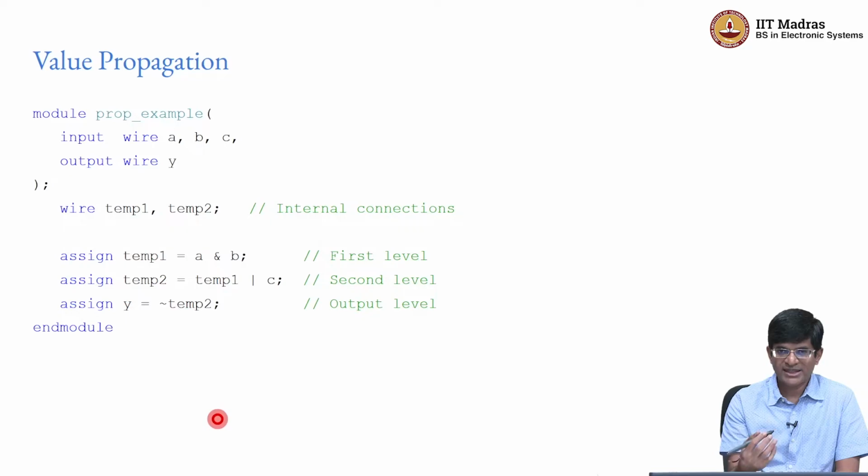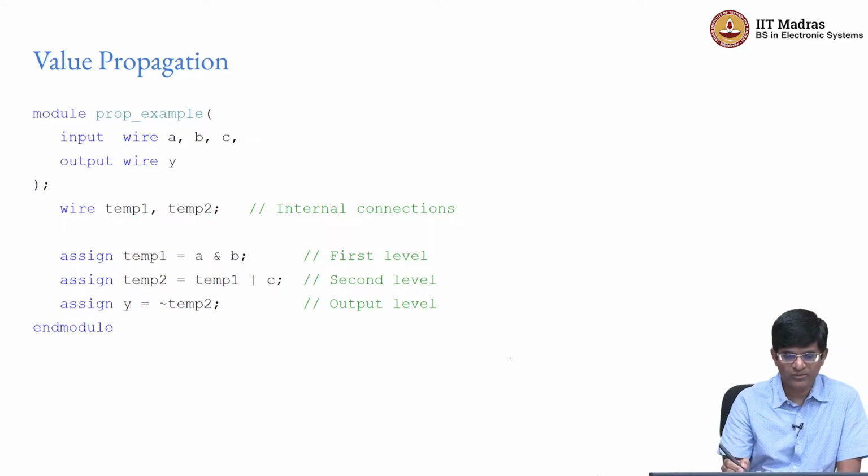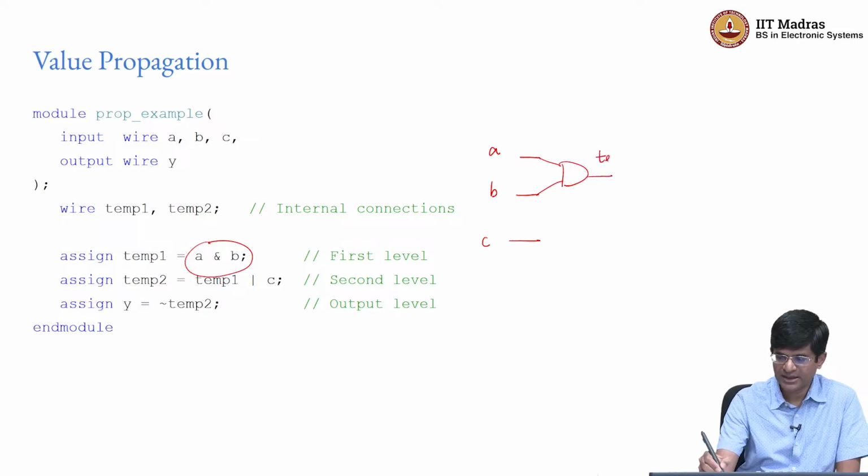But now let's think about what's actually happening out here. If I think about this program, the way to look at it is I have a module which has 3 inputs, I'll call them A, B and C, and now the question is I'm performing some computations with them. The first one is the AND operation, and this basically comes out as temp1.